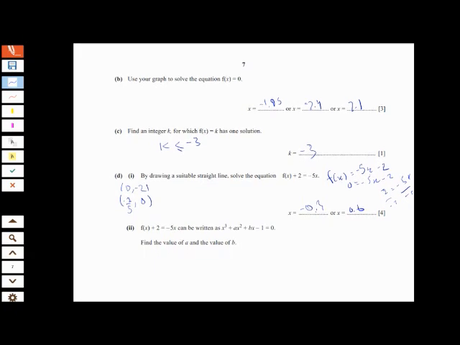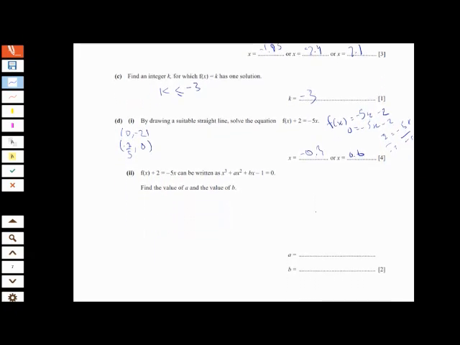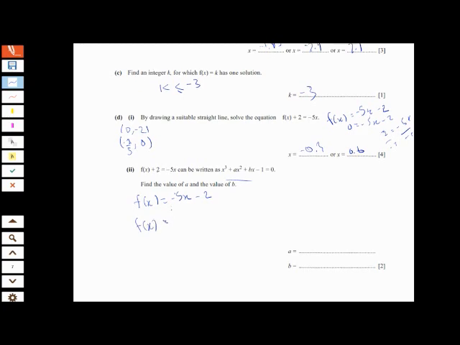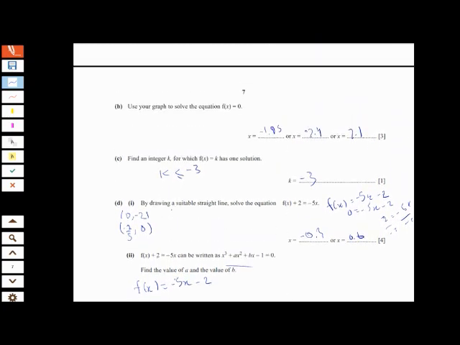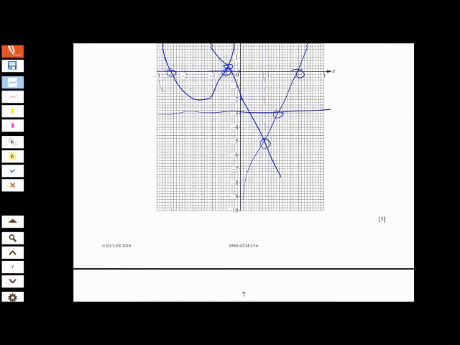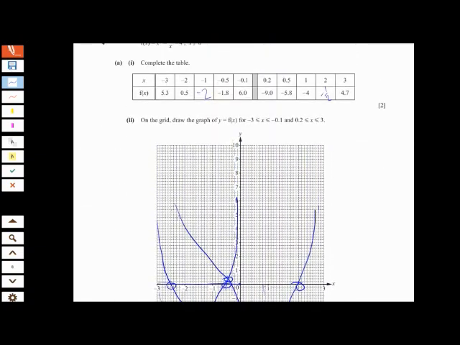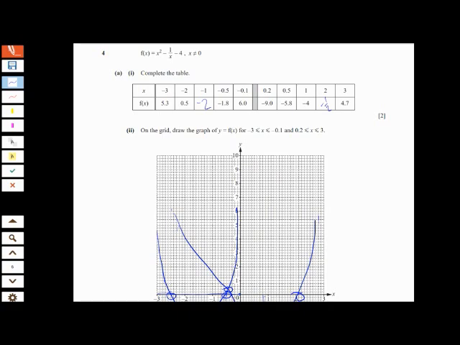And now f(x) plus 2 equals -5x can be written in this form. Find the value of a and the value of b. So as I said, you write the equation. You will have something like this, negative 5x, negative 2. And now we notice that f(x) has another equation as well, which is the one that we drew a graph using, which is x squared minus 1 over x, minus 4.